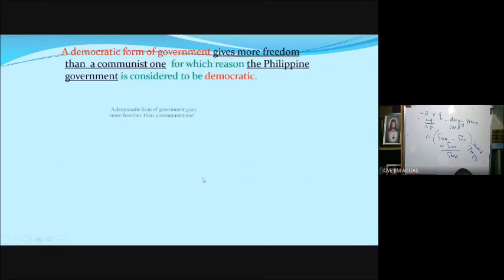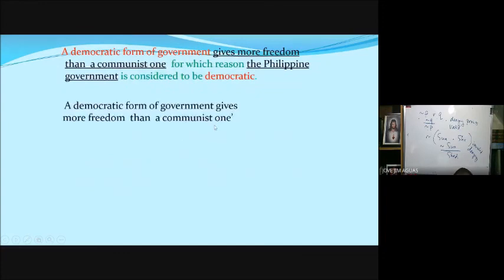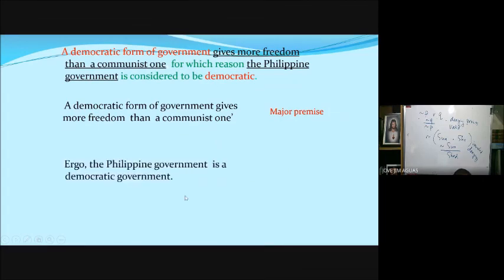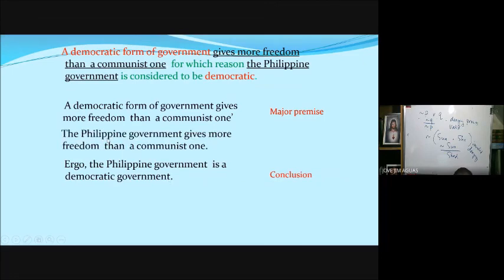So let's try to reconstruct this. This is the given statement. This is now the major premise. This is the conclusion based on this. And then we supply this implied statement, and that is the minor premise.